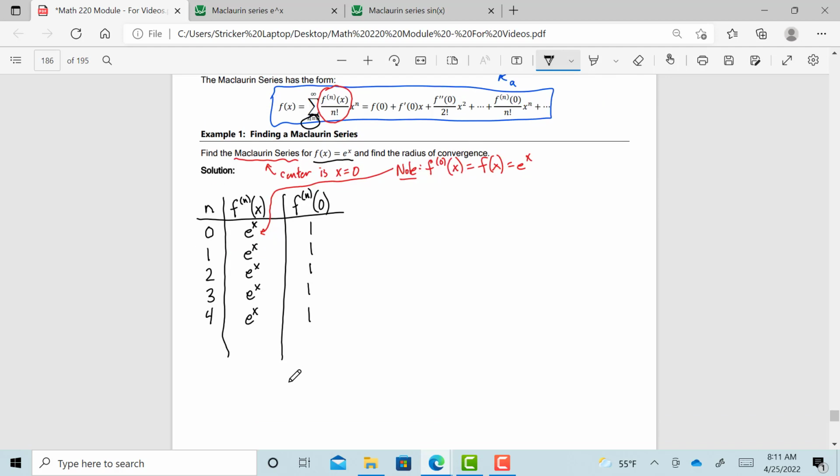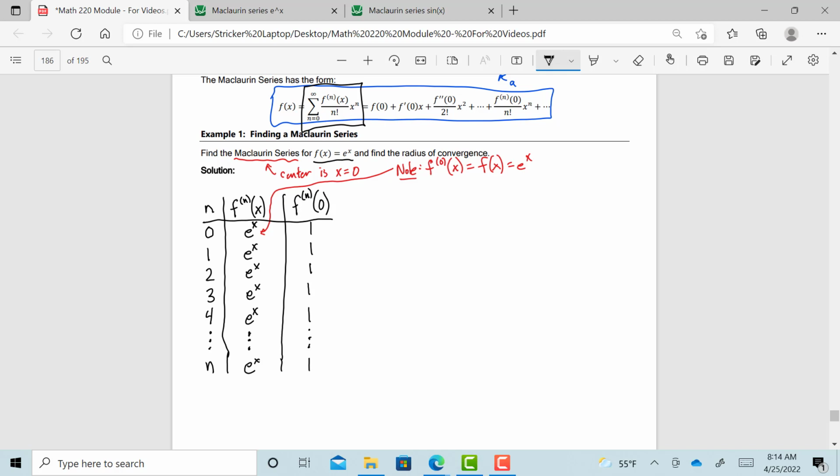In fact, if we were to continue this on indefinitely, for the nth term, the derivative of the nth term is going to be e to the x, and evaluating that at 0, it's going to be 1. All right, so that's kind of how we start out all these problems.